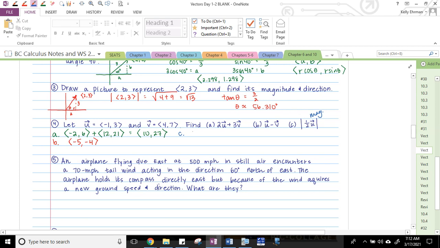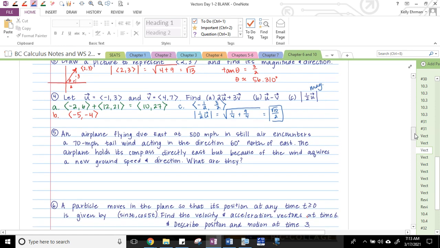So let's write out what 1/2 u is. That'd be negative 1/2, 3/2. And then the magnitude of 1/2 u is equal to the square root of 1/4 plus 9/4. Square root of 10/4 is square root of 10 over 2. There's the magnitude.